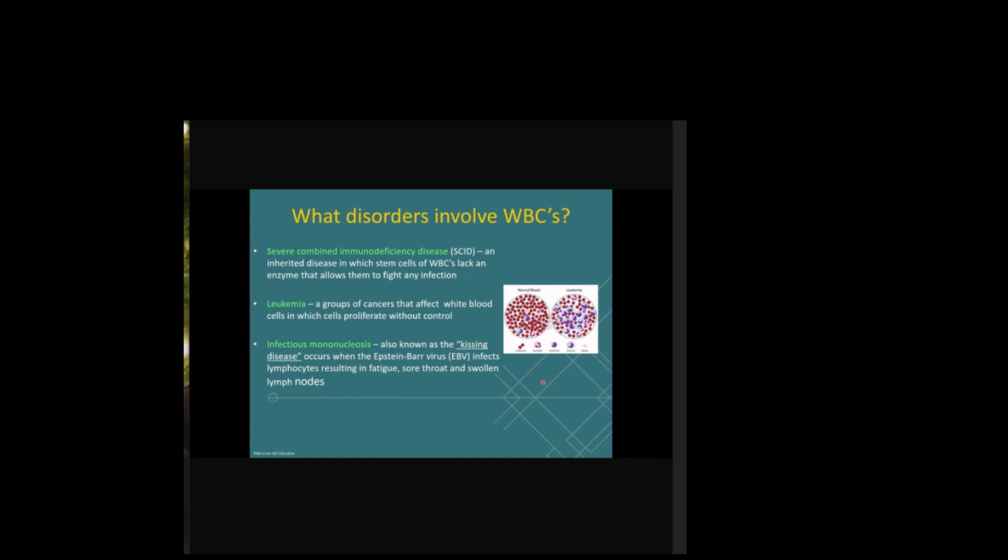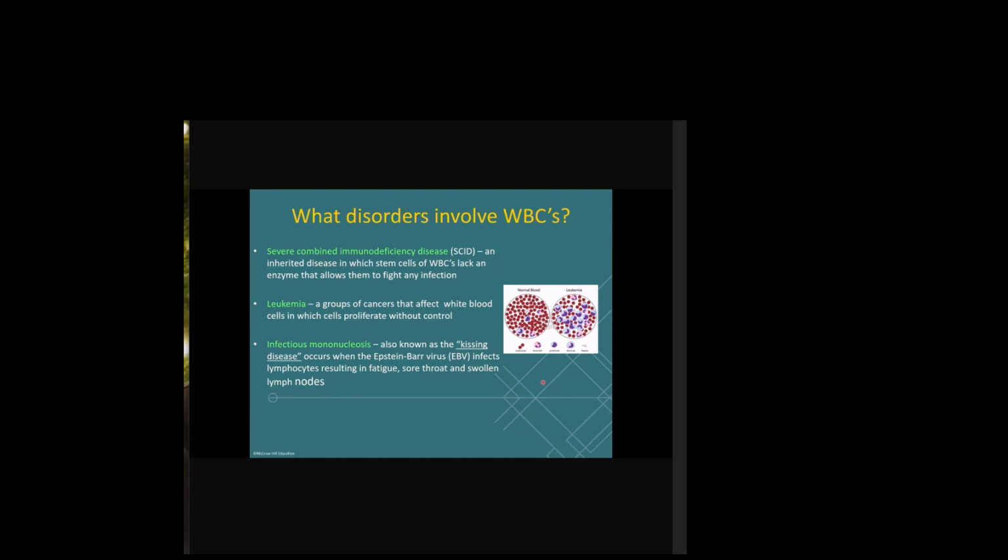Now, some diseases associated with white blood cells. There is severe combined immunodeficiency syndrome. I said this is inherited, where the stem cells that make the white blood cells do not have the enzymes in the granules that allow them to fight infection.